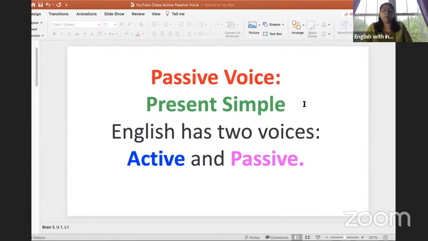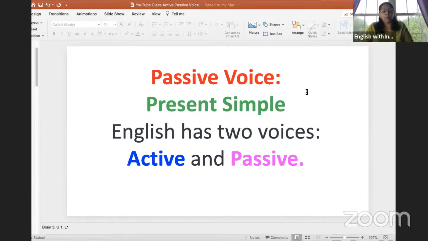I hope this will be a very easy lesson for you, because as I always say, we need to take baby steps, right? It's not like just to get all the information together and then you forget. So learn, practice, learn the next step, practice, like that. Okay. So this one is a passive voice, present simple.